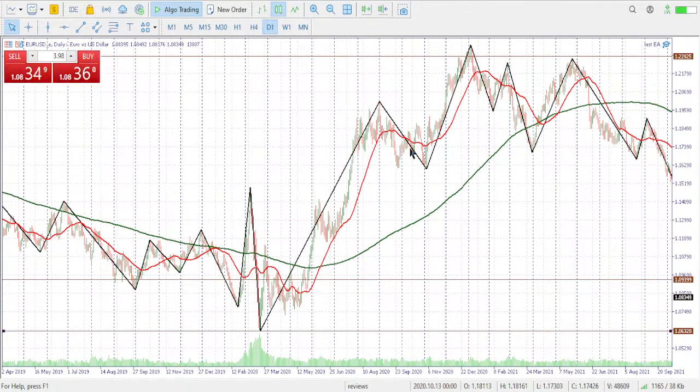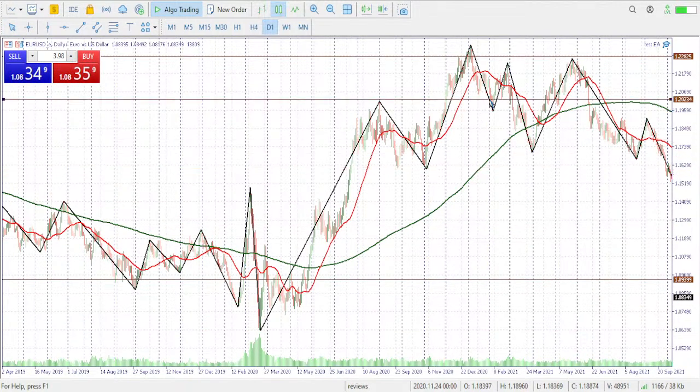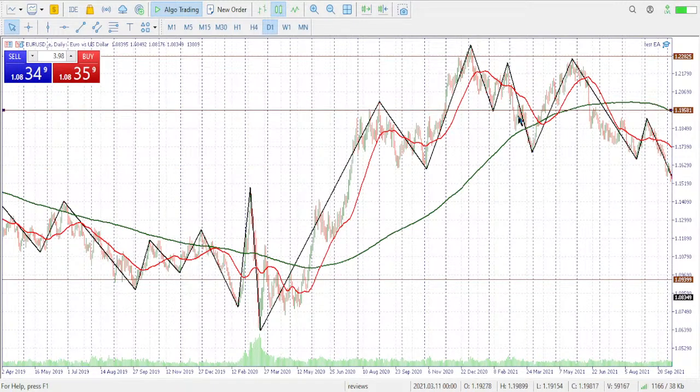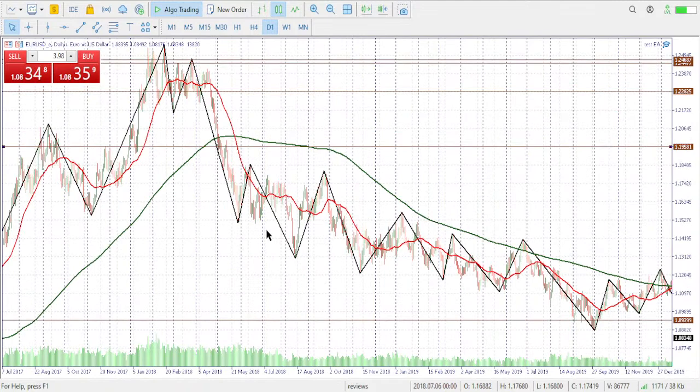When the price forms this low, we could have had that as the stop loss. Then here also we could have had this as the stop loss. It could have been taken out at this point here. So you can see clearly that if we are just following the price based on those 3 indicators, we could be having very good places to enter and to exit trades.